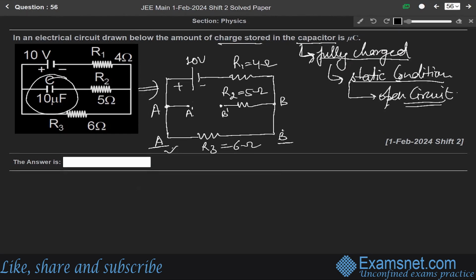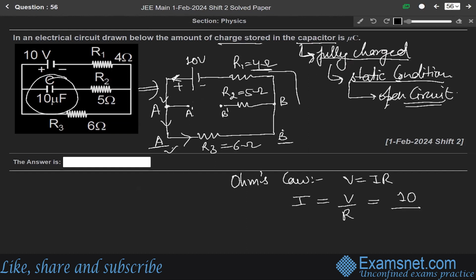Now since we know that from Ohm's law, V equals I into R. So for this circuit, if you want to find the value of I, it is equal to V over R. V is 10 volt, and R is, if the current is flowing in this direction, this 4 ohm and this 6 ohm. 10 ohm, since these are in series, so current will be 1 ampere.